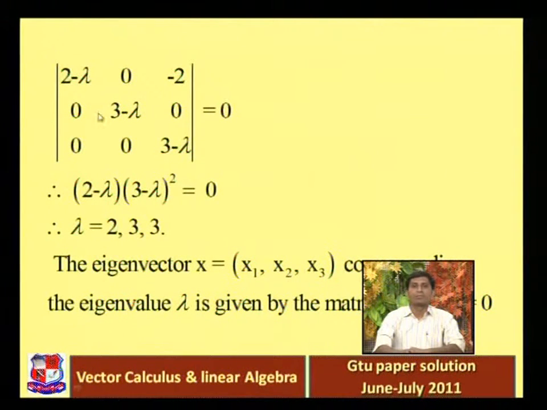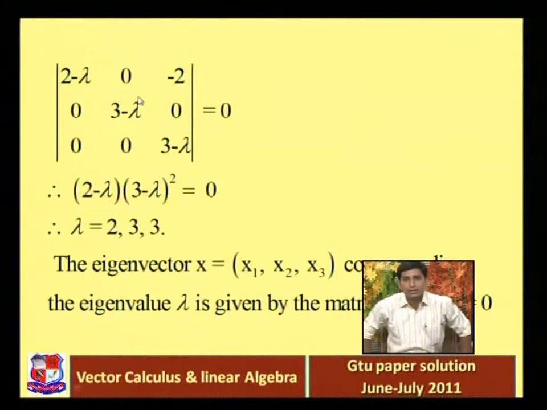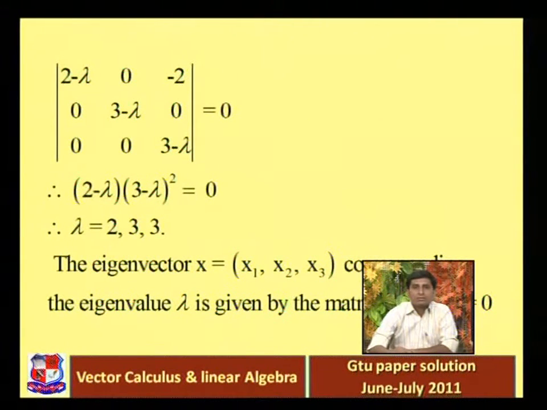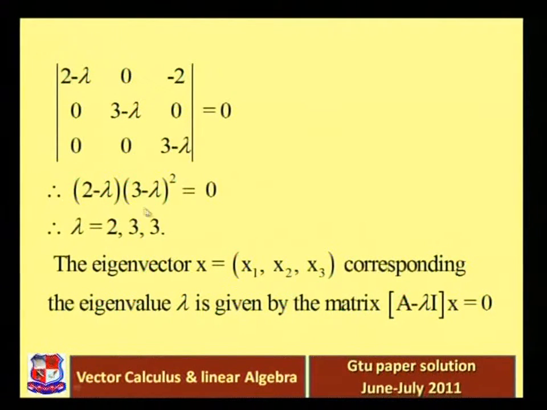So 2 minus lambda into 3 minus lambda squared, because other elements are 0, is equal to 0. So the eigenvalues are 2, 3, 3.